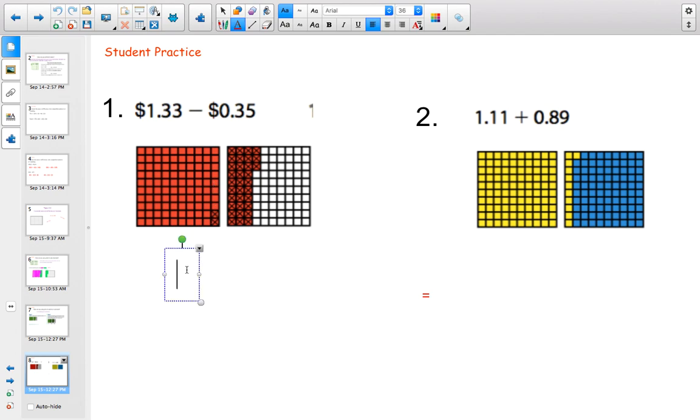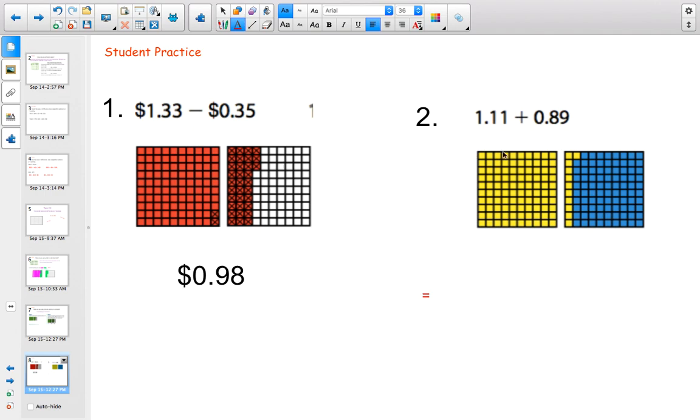So we should have gotten 98 cents as our answer. Make sure you have it written down like that, because the original problem has a dollar sign in it, so we are talking about money. Make sure you include that dollar sign and that 0. So 98 cents was our answer.